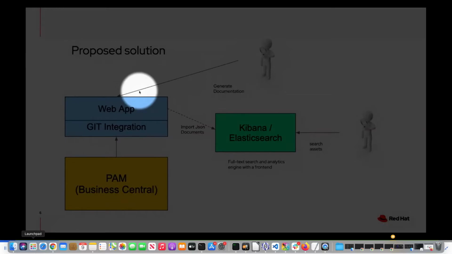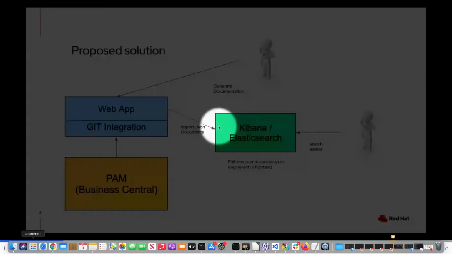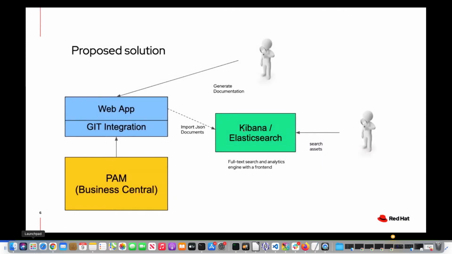And that is not all. That does not solve the search issue. So what I also allow you to do is click another button, and you create a set of JSON documents which you can import into Kibana and Elasticsearch. You probably know this already. Elasticsearch is a full text search and analytics engine, and Kibana is the front end for Elasticsearch. So once you have imported all this JSON documentation, you can ask lots of questions using the Kibana front end or user interface.